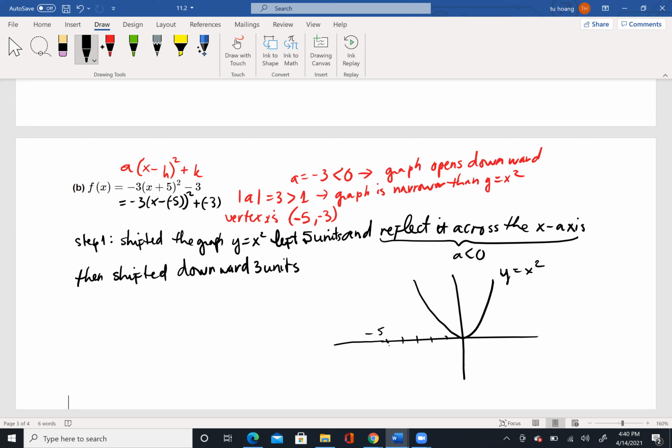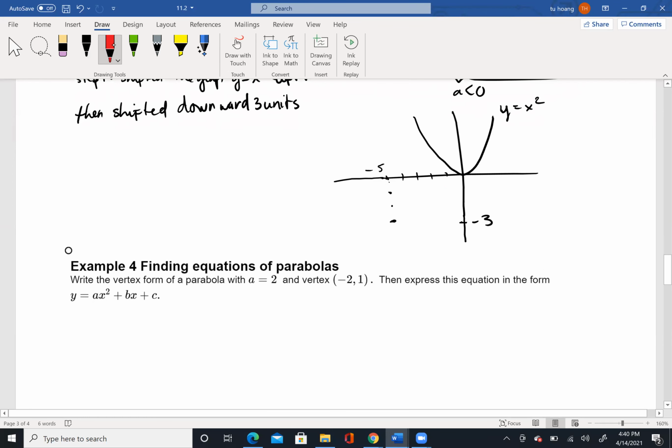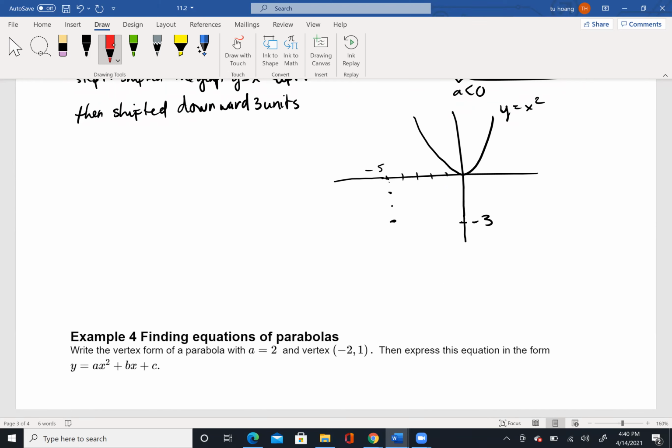And then shift down 3 units: 1, 2, 3. That's too big, that's fine. So it's going to be like this.